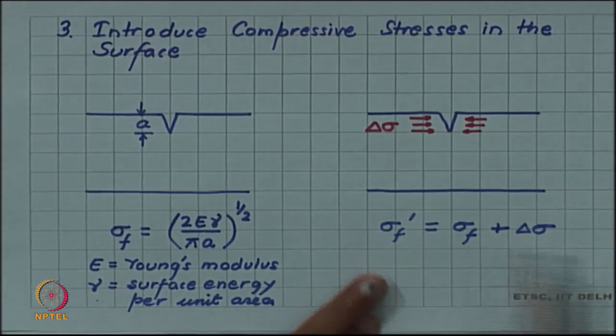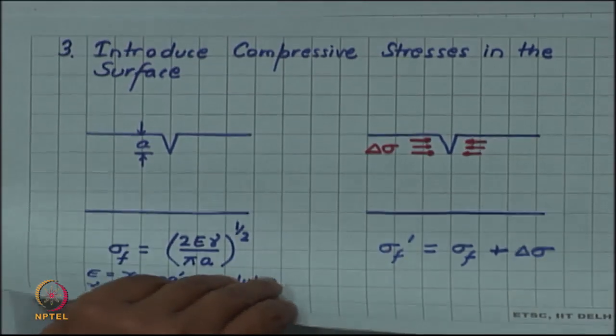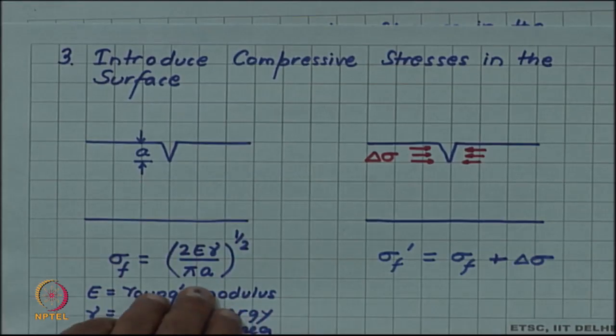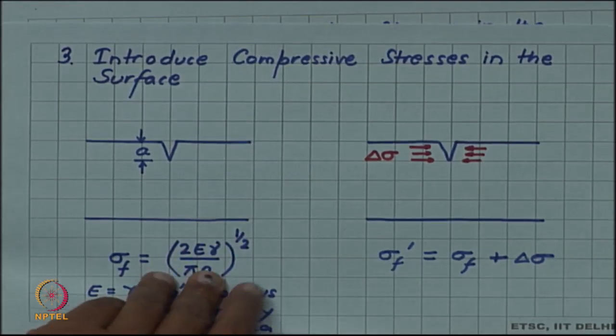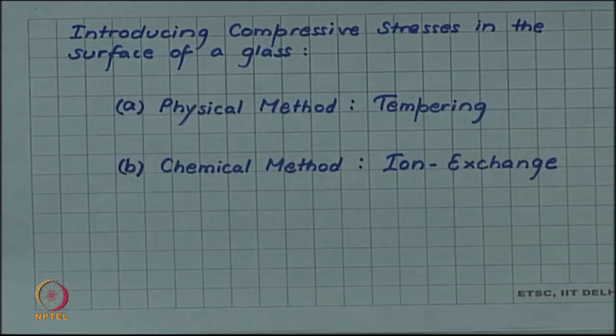So, the new fracture stress will be higher if compressive stress is introduced. This is the basic philosophy of enhancing the fracture strength of a material by introducing compressive surface stress.